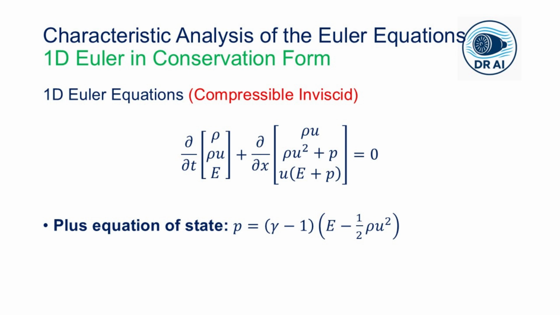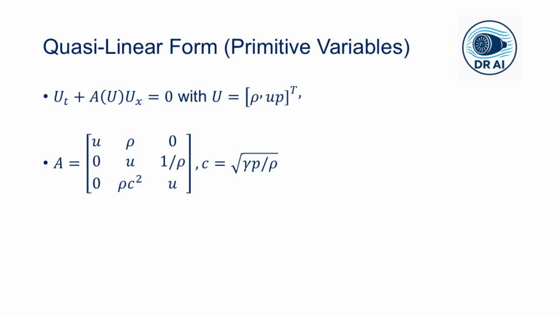The 1D Euler equations in conservative form are represented here, where rho is the density, u is the velocity, p is the pressure, and E is the total energy per unit volume. For the characteristic analysis, it is easier to write them in quasi-linear form using the primitive variables U equal to rho, u, and p, where A is a matrix in which the diagonal is the same as u.